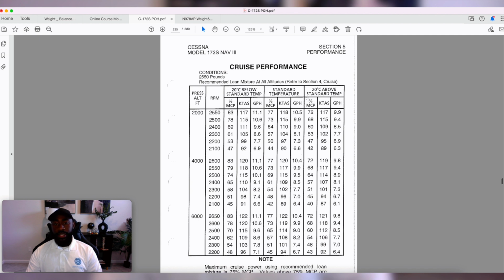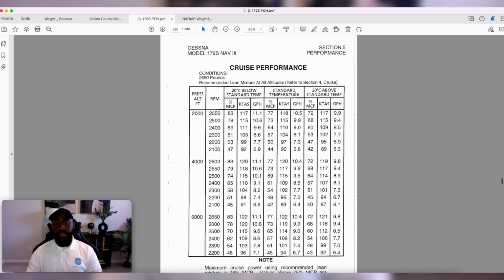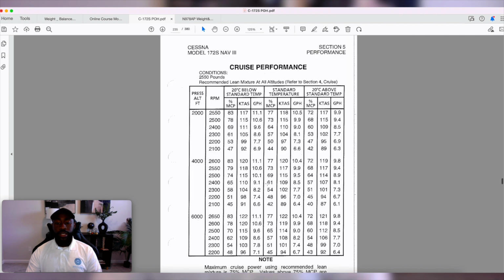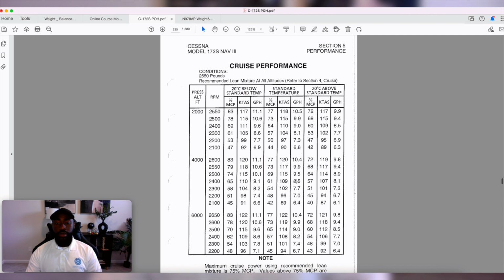But because I'm not exactly there, I'm at 12, so 12 is a lot, I'll probably stay in the middle. What I'm going to do for my section here is basically interpolate the numbers. For example, to determine the gallons per hour I'll be burning, I'll take the gallons per hour on this section and the gallons per hour on this section and divide them by 2 to get what I'll have at 12 approximately, right?